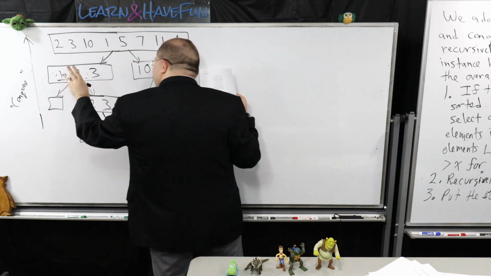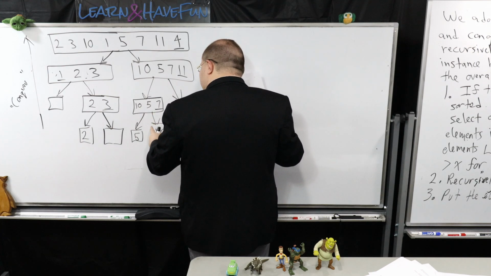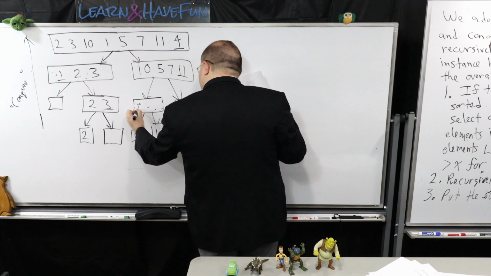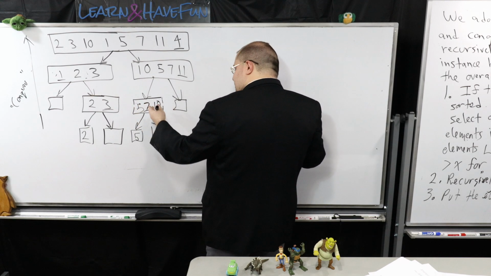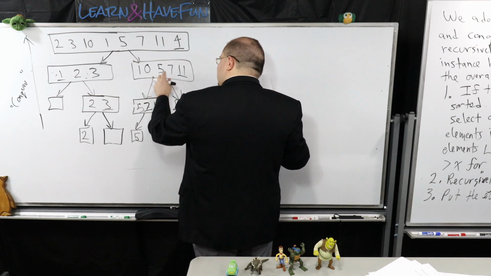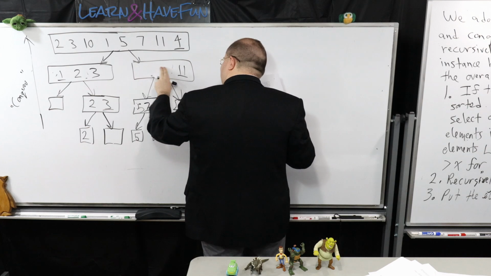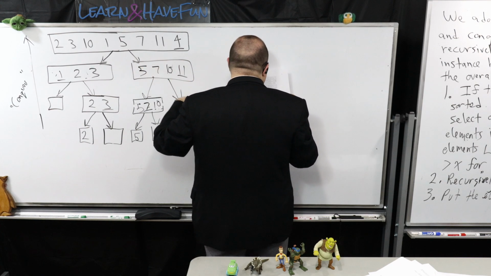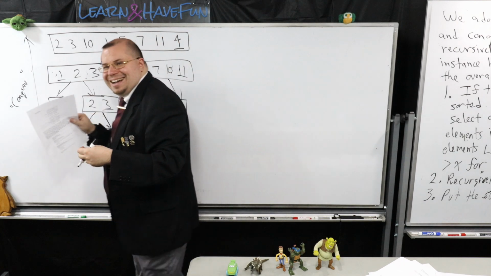Just for the sake of clarity, I'll leave whatever the pivot is, just so you know what it is. 5 is less than the pivot, so I have 5. 7 and 10, because 10 is greater than 7. I could do the same thing here. So I have 5, 7, and 10. And since there's nothing over here, I'm just going to leave that right there.